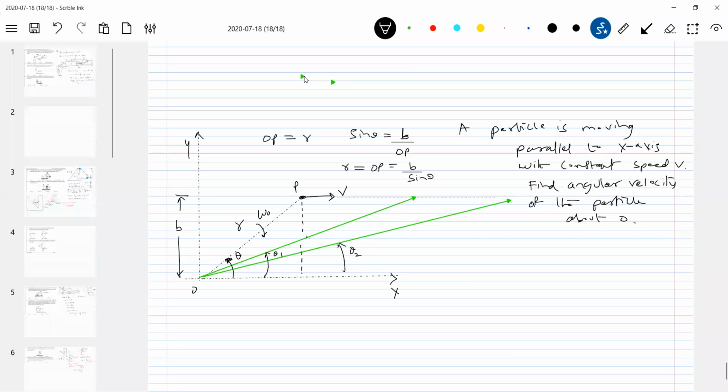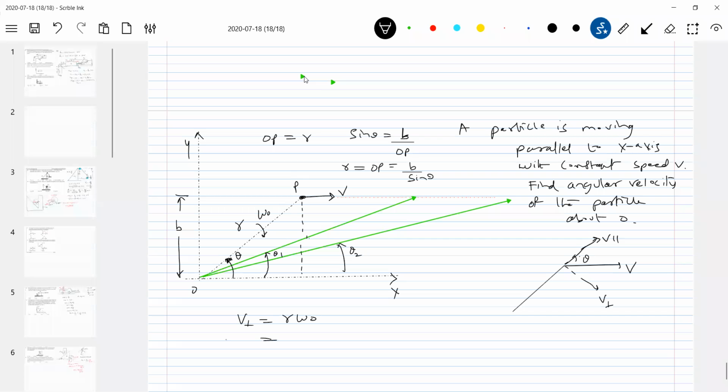Now I should resolve this velocity vector also. So this will be the theta. One more small diagram. You resolve this velocity: V perpendicular, and the other will be V parallel. V perpendicular is equal to V sine theta. V perpendicular should also be equal to R omega naught.